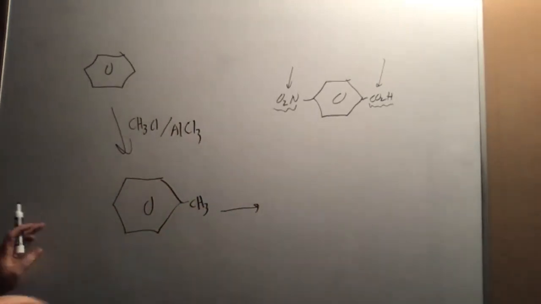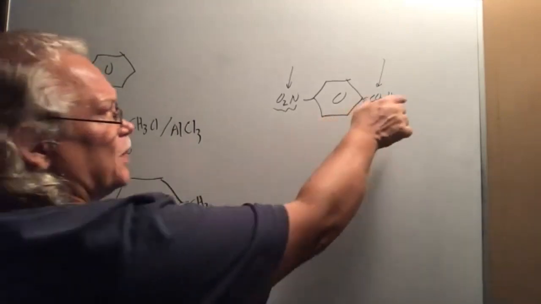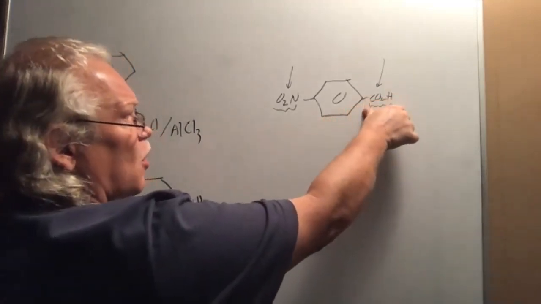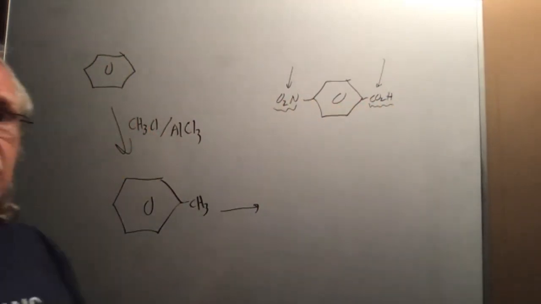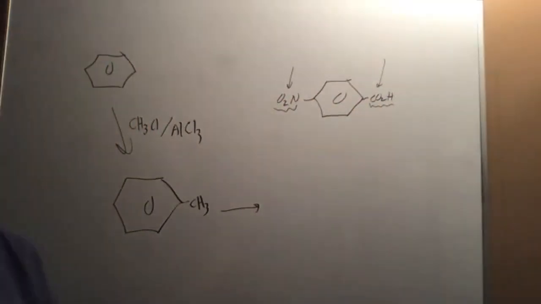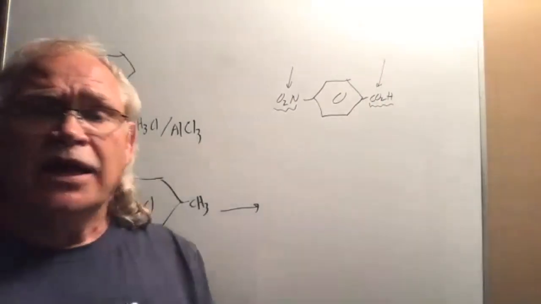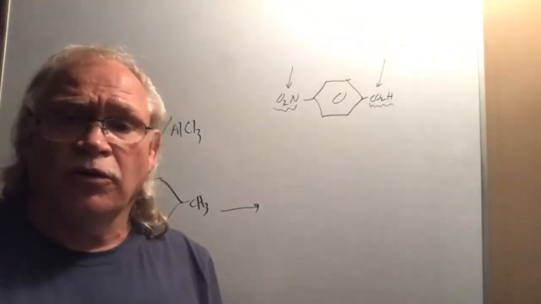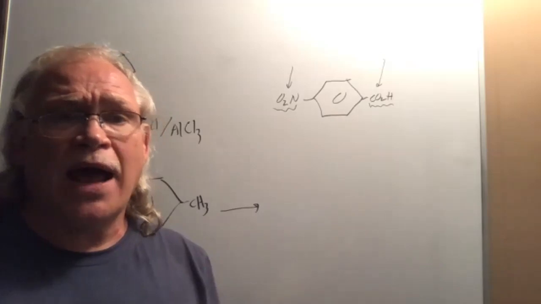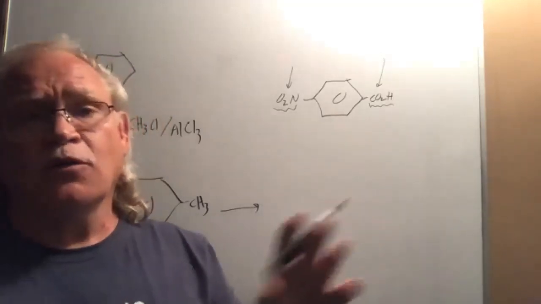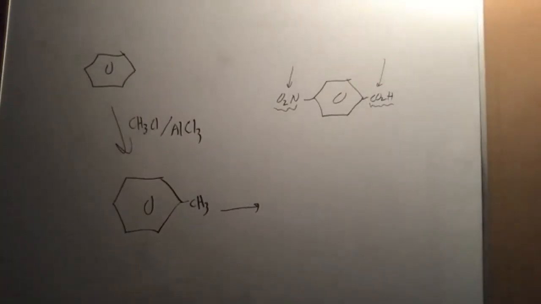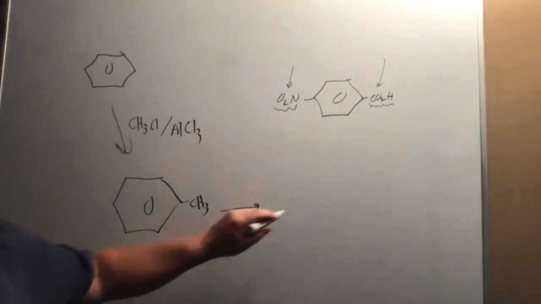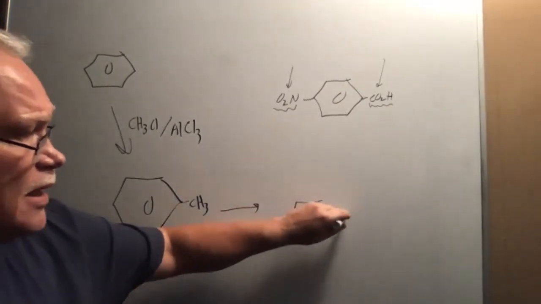Do I change the CH3 group into this, or do I put the nitro group on and then change the CH3? Notice how I'm talking myself through this. It's like you come to a fork in the road. Do you go left or do you go right? And once you take that fork, then the road forks again later on. So I think what I will do is change it to the carboxylic acid.